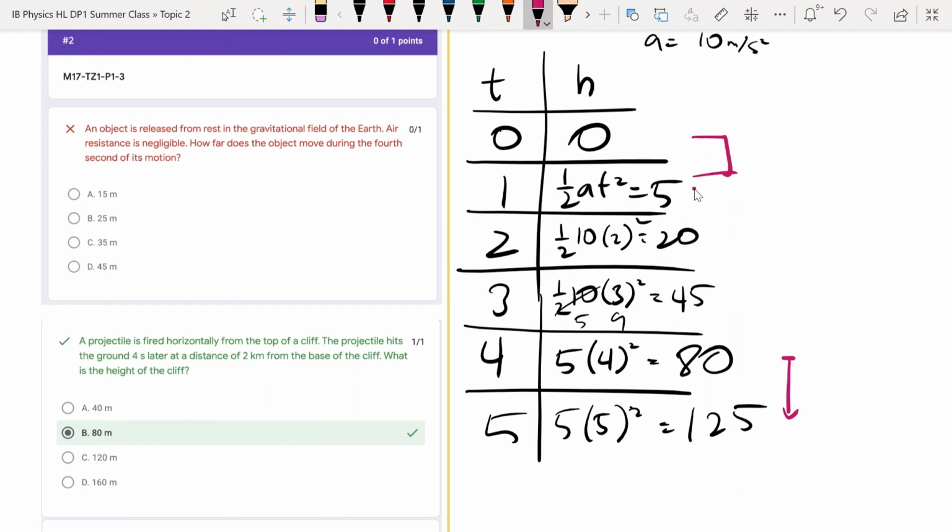The 2nd second is from 1 to 2. The 3rd second is from 2 to 3, and the 4th second is from 3 to 4, right? So how much it goes from here to here is going to be 35. Probably, yeah, right?